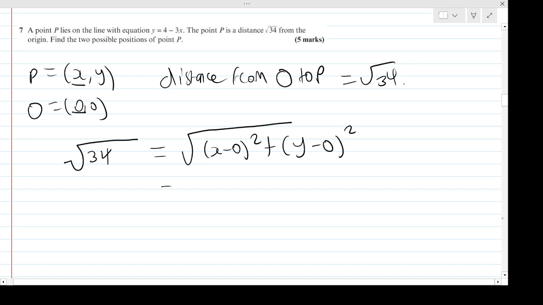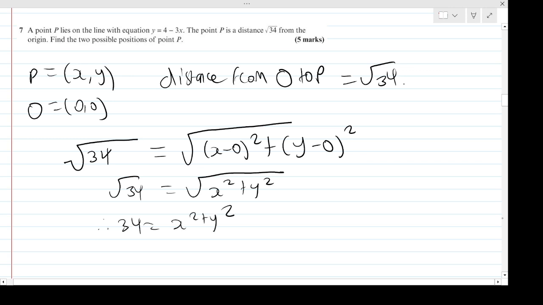We can simplify this to root of x squared plus y squared, and that's root 34. Then we can get rid of the square root by equating inside the square roots together. So 34 is simply x squared plus y squared.